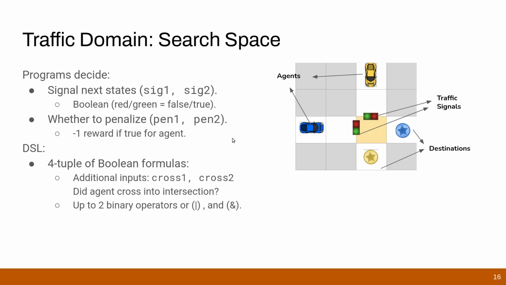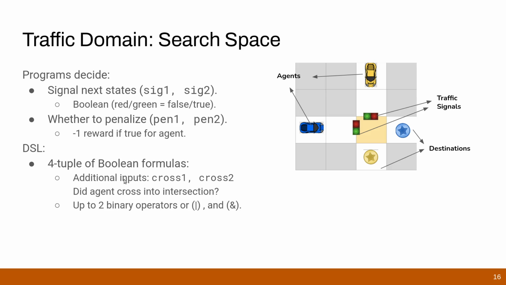Formally, the search space for the problem has programs that decide the next states of the signals given the current states and whether to penalize each agent for breaking the rules. And the DSL consists of 4 tuples of Boolean formulas that are also given 2 additional inputs indicating whether each agent crossed into the intersection.